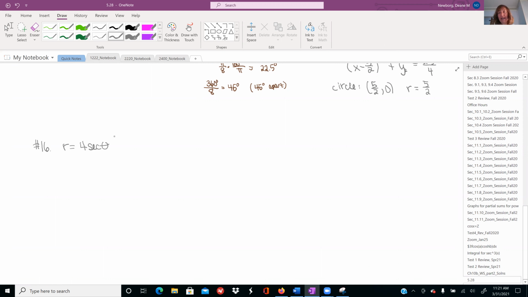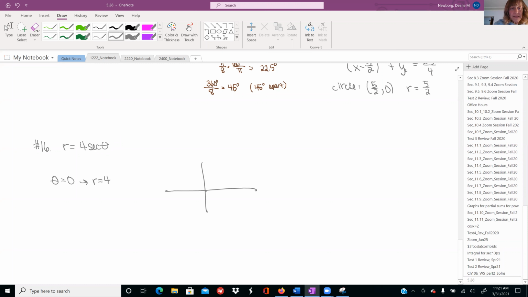It doesn't work for any other trig function. So you could use the same strategy where you just plug in different values of theta. If I plug in theta equals 0, secant is the reciprocal of cosine, and since cosine of 0 is 1, secant of 0 is 1. So I would just get r equals 4.